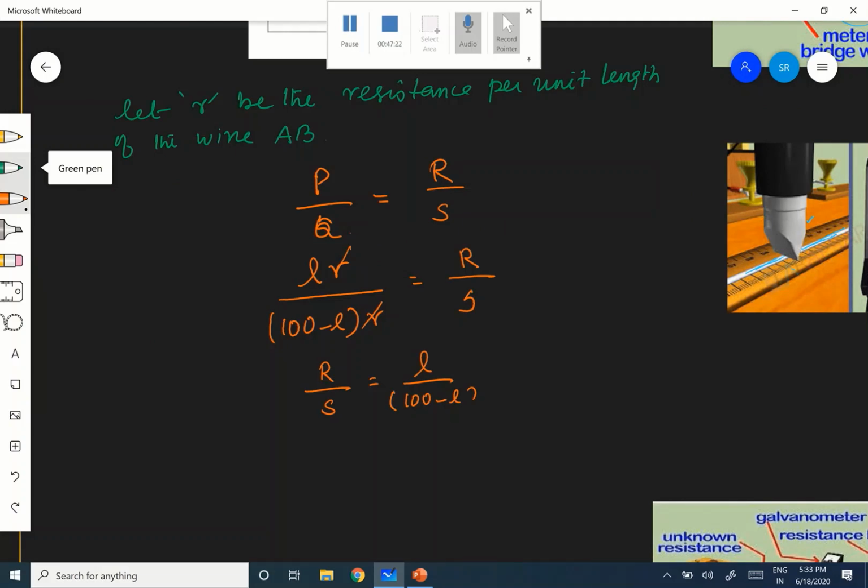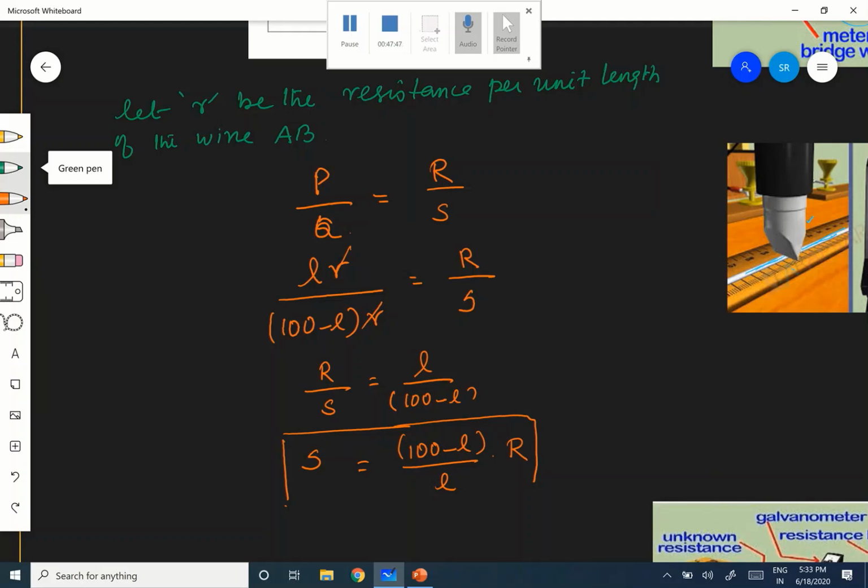Which is the unknown resistance here? S is the unknown resistance, so S is equal to (100 minus L) by L into R. This is a very important relation.